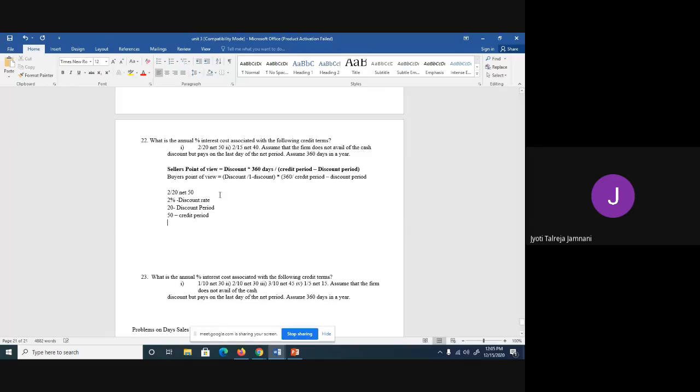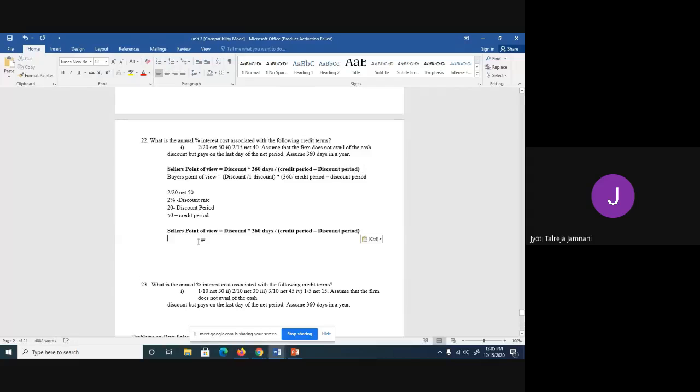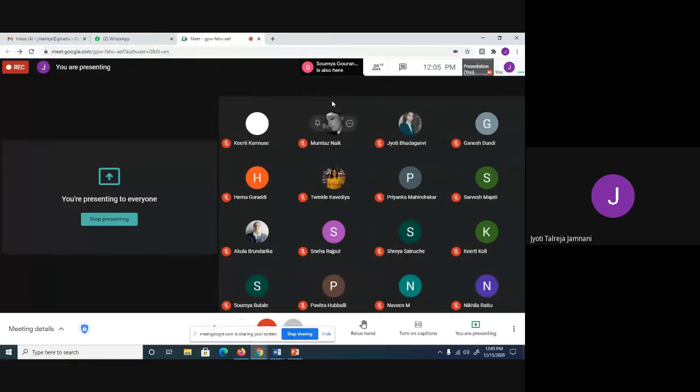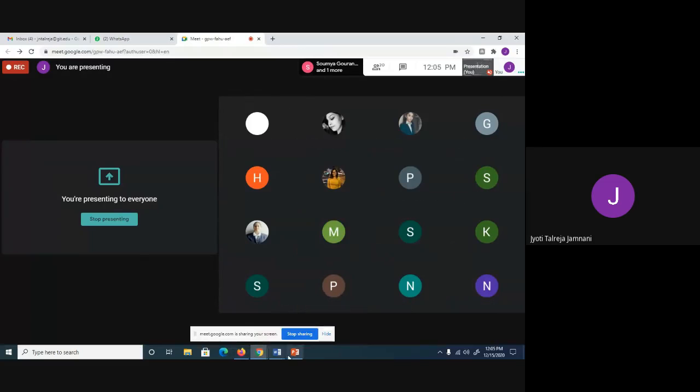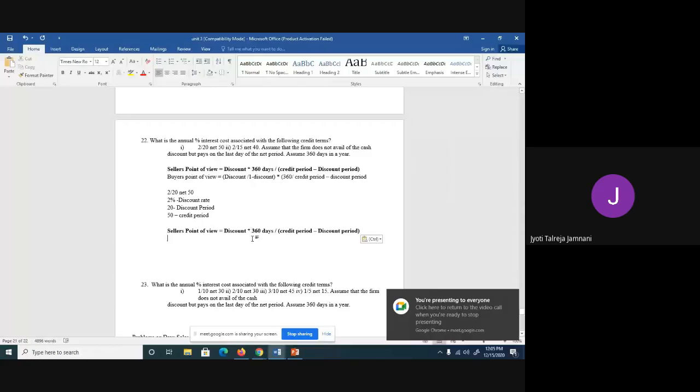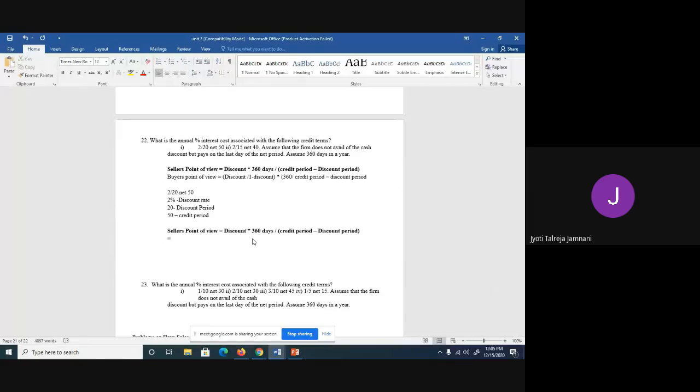So the first formula from seller's point of view: it is equal to discount, which is 2%, so we write it as 0.02, into 360 divided by credit period, which is 50 days, minus discount period, which is 20 days.